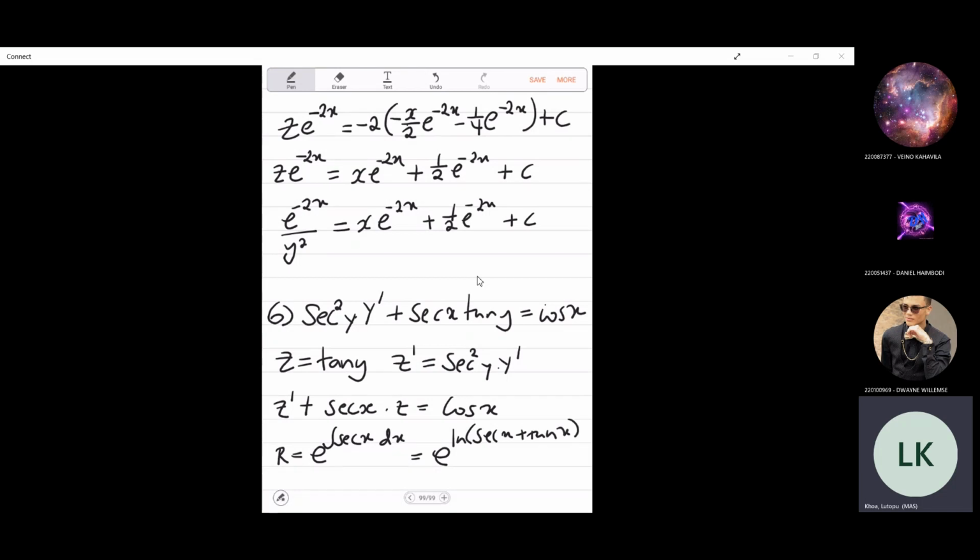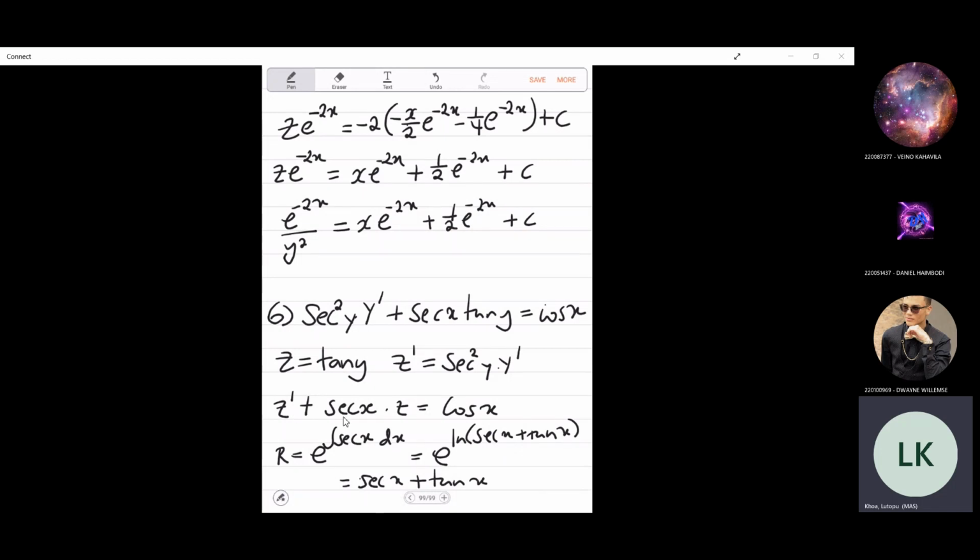Again, an integral that we have done several times. I was surprised in the test people couldn't integrate this when we've integrated that so many times. And then this is equal to sec x plus tan x.